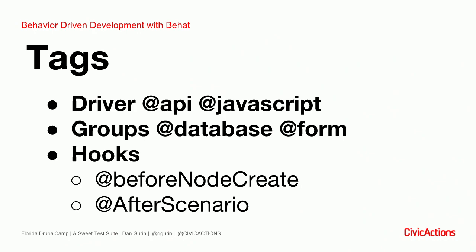So the before node create corresponds with a PHP function that does something. And I think that you can run a scenario before a node create too. Oh, okay. So node create being the hook. Yeah, if it was Drupal 7, that would be the hook.